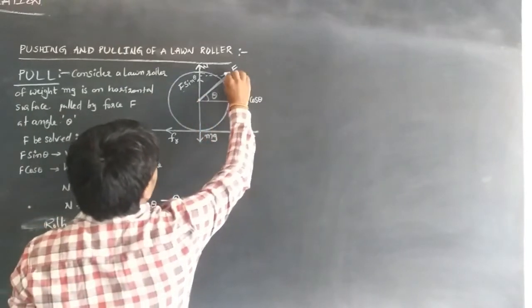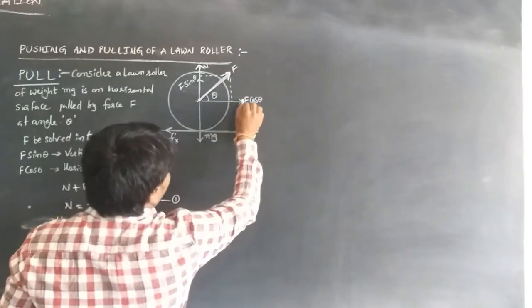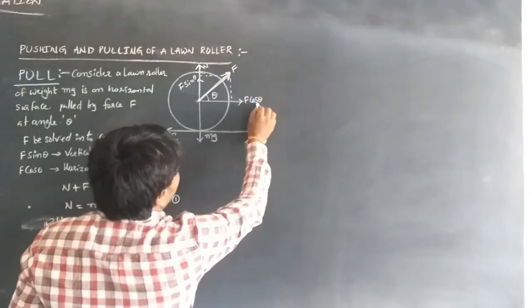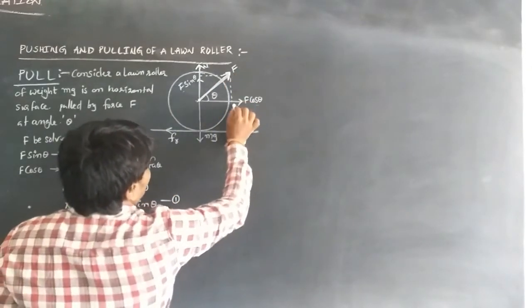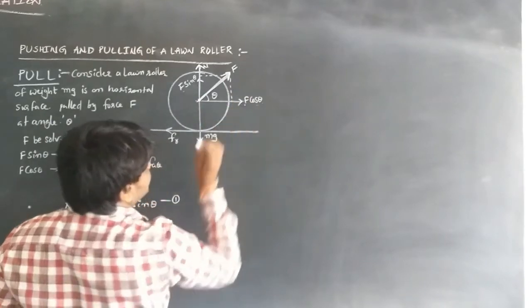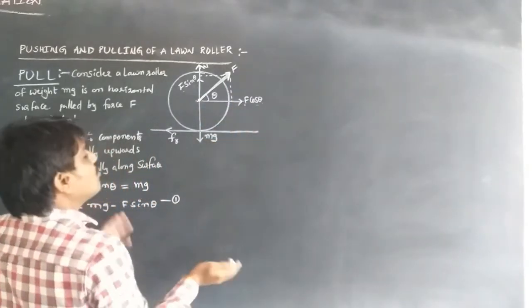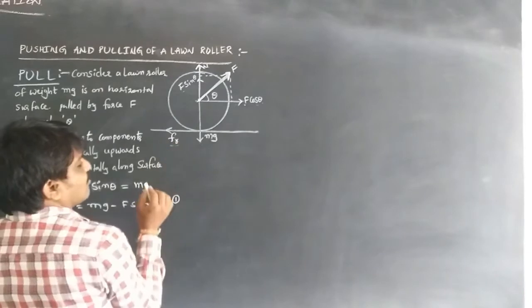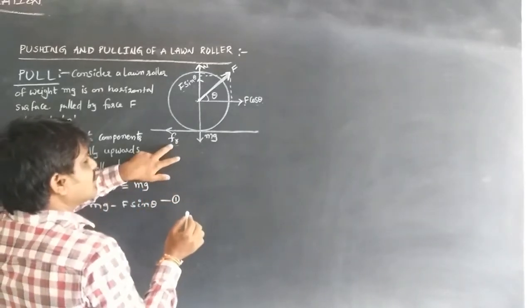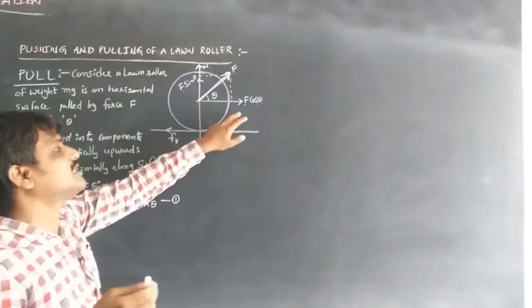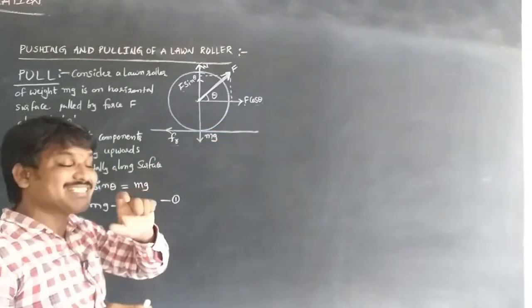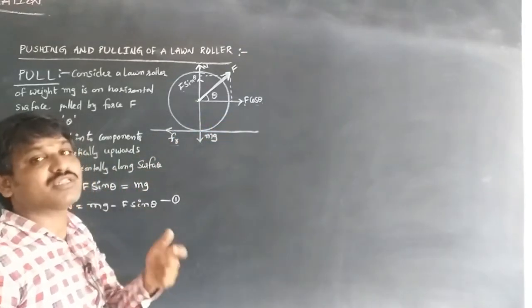Whenever the resultant force acts in this direction, the body must move horizontally in the direction of F cos theta. F cos theta is more than Fr, the rolling friction, so the body moves against the rolling friction, which means some external force acting is more than Fr.